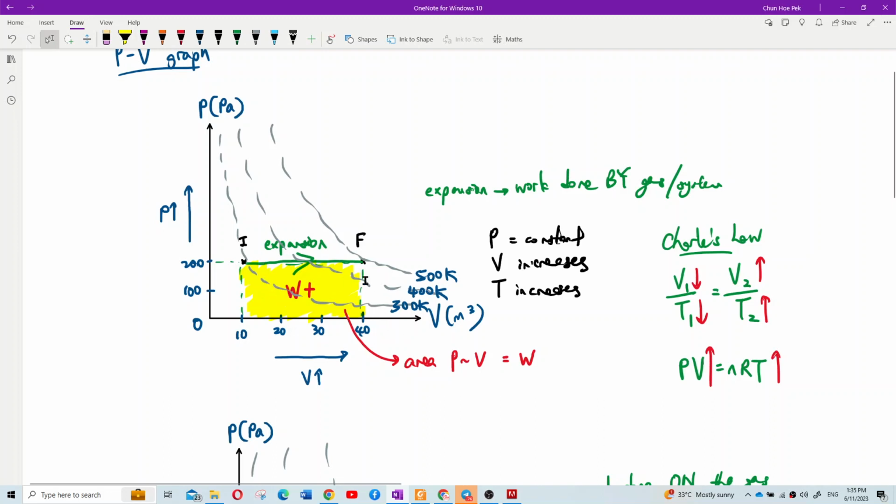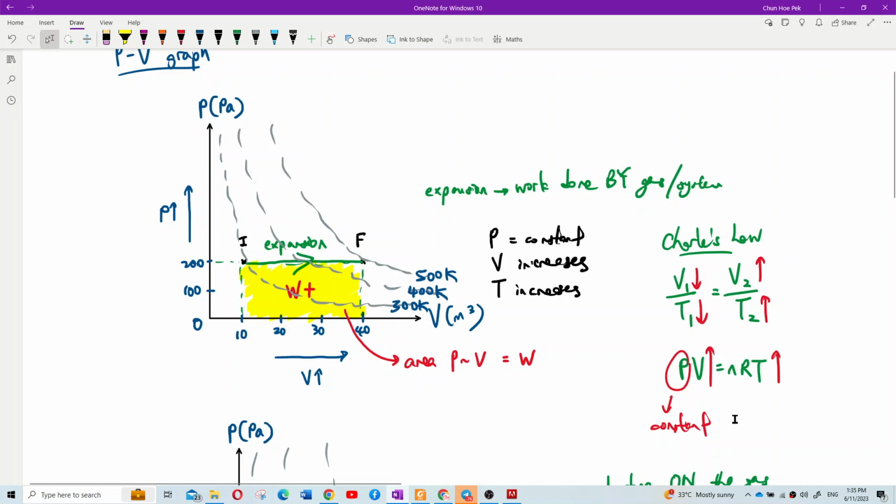So we heat up the gas. The volume increases from 10 to 40, and temperature also increases from 300 to 500. We make the pressure constant. This is Charles' law. So if you heat up the gas, the temperature increases, volume must increase.